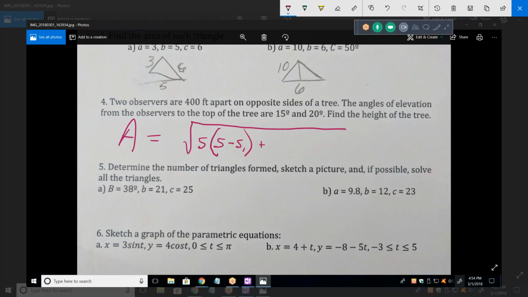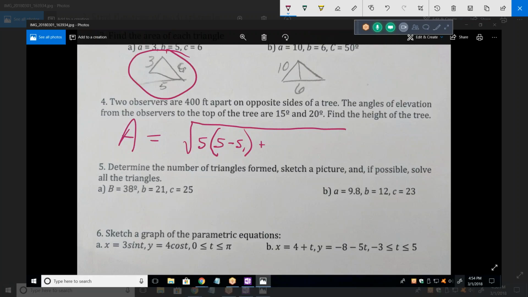Here, I'll get S equals A plus B plus C all over 2. And then the area is A equals the square root of S times S. Okay, S is the semi-perimeter, in other words, half the perimeter.